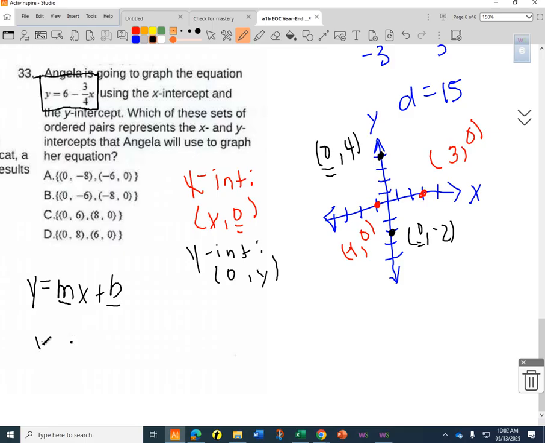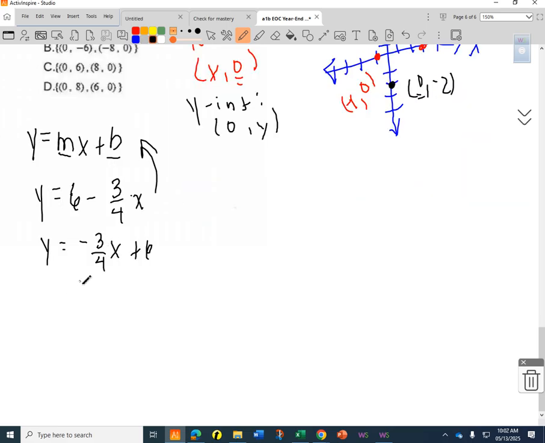So here, y equals 6 minus 3/4 x. If I want to write it in this form, all I have to do is switch these around. I'm not moving anything on the other side of the equal sign. So now I know, though I don't need it, that that's the slope, right?